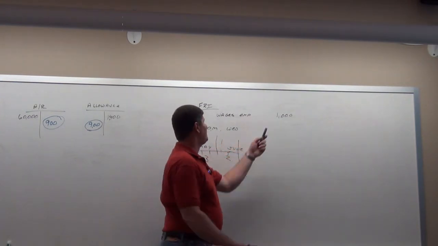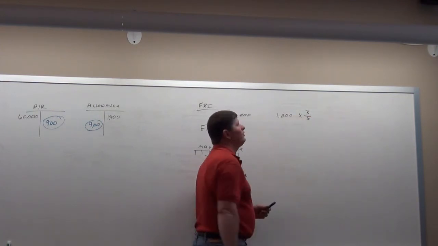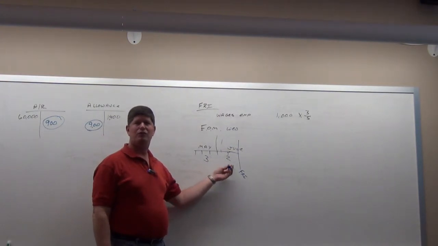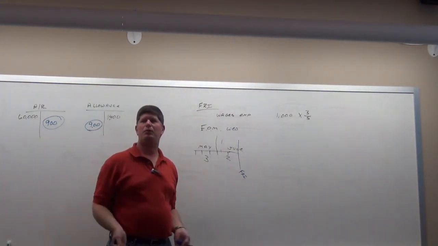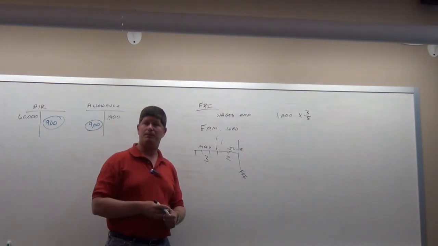So what I want to do is take $1,000 times 3 divided by 5, 3/5 of it goes into May, and 2/5 goes into June. You're going to split up your expense now to record the wages in their proper period.